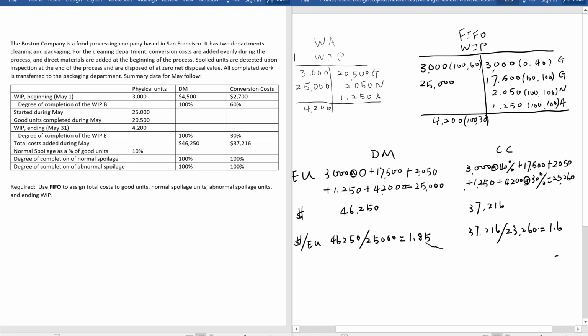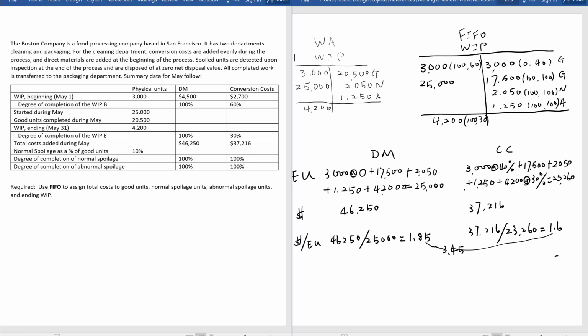So combined together, the total manufacturing cost for a unit completed in May is 3.45. This is the current month's average cost.